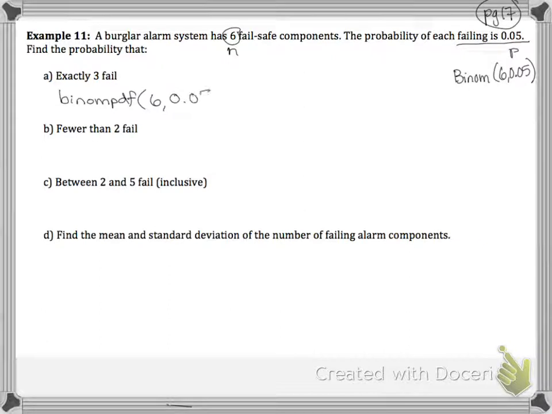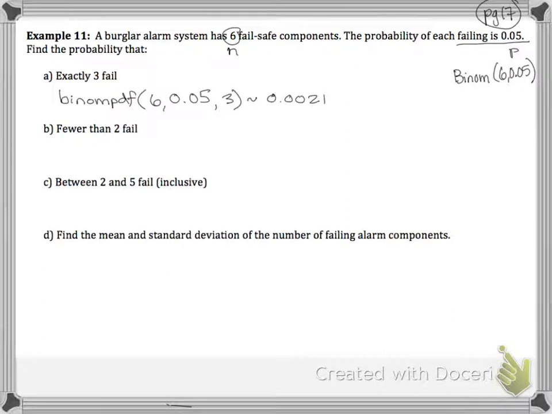Remember, the wording for P is the probability of success, but in this case we're asking that exactly 3 fail, so the fact that this is a probability of failure is just fine. And then the exactly is 3, so we substitute the 3 in there. I'm going to leave this to you to find in your calculator using all the other resources I've given you. I'm going to take that out to 4 decimal places, 0.0021.